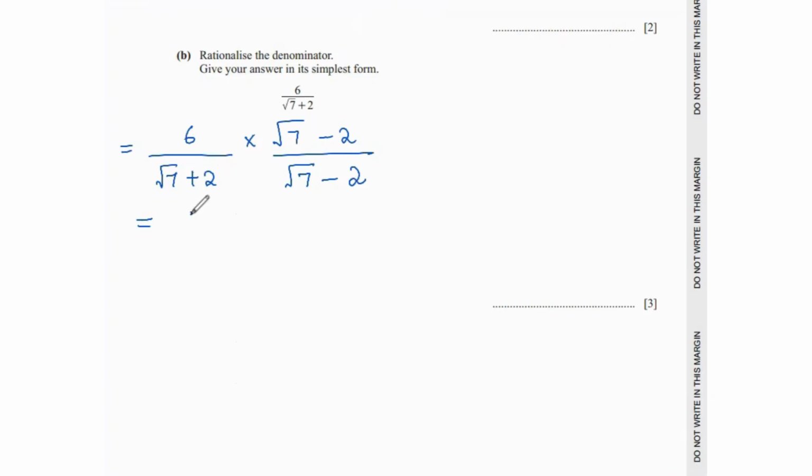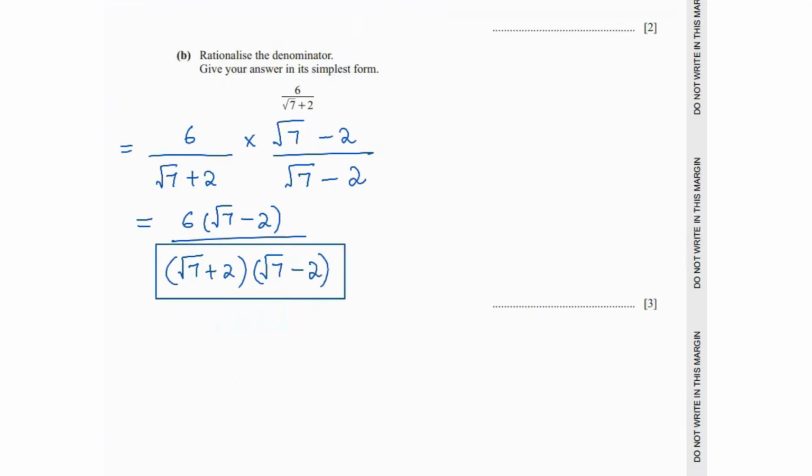Now we multiply the numerator with the numerator and denominator with the denominator. So 6 times root 7 minus 2, and root 7 plus 2 times root 7 minus 2. Now this is very similar to difference of perfect squares, because difference of perfect squares was a plus b times a minus b, and that is equal to a squared minus b squared.